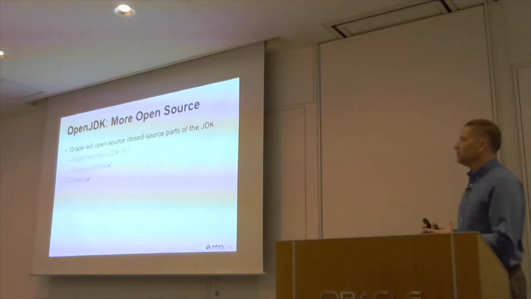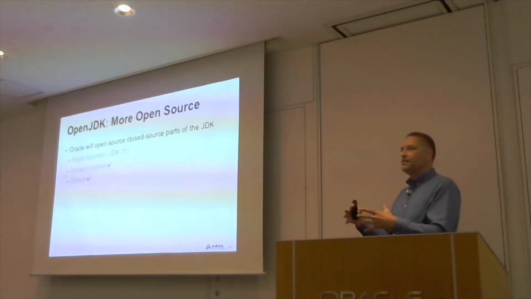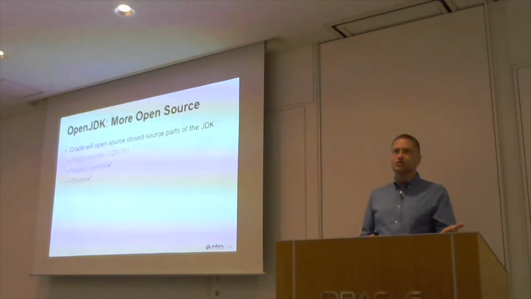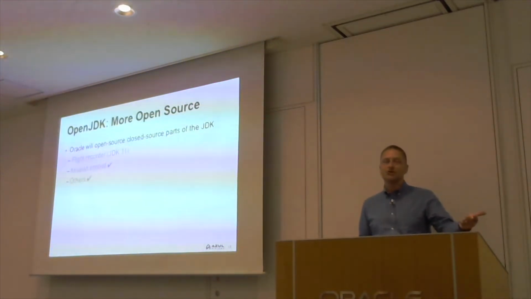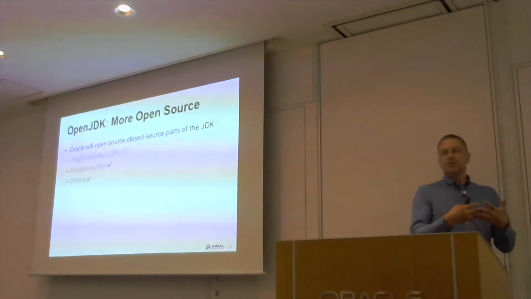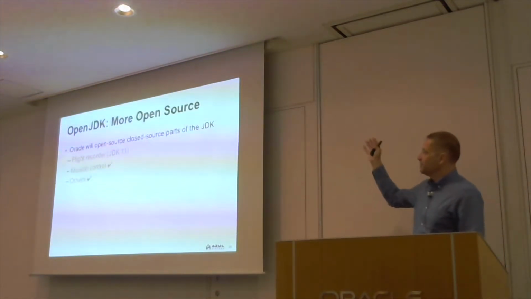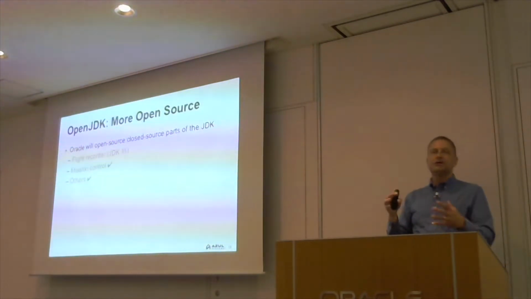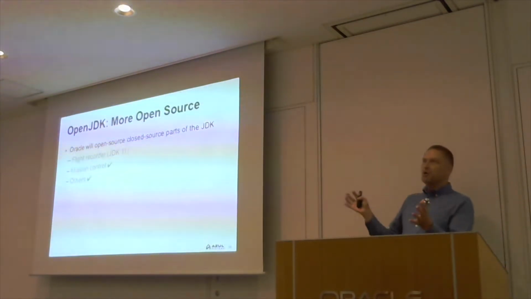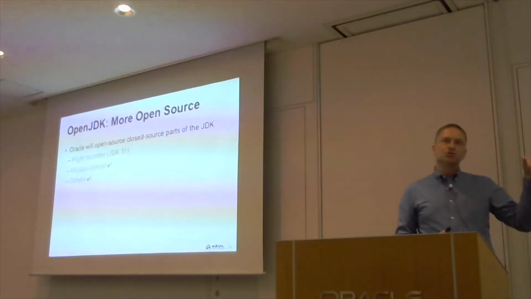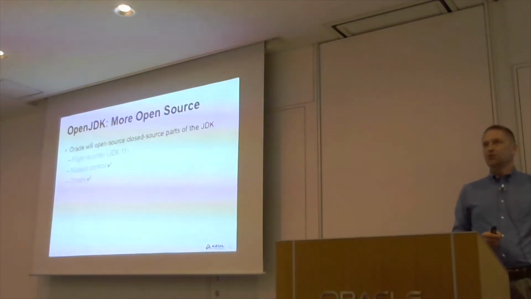Oracle also want to make the binaries that are created, the one that you get from OpenJDK source and the one that they build as the Oracle JDK, the same. To do that, they're doing 2 things. The first is that they have contributed most of the commercial features that used to be in the Oracle JDK to the OpenJDK project.